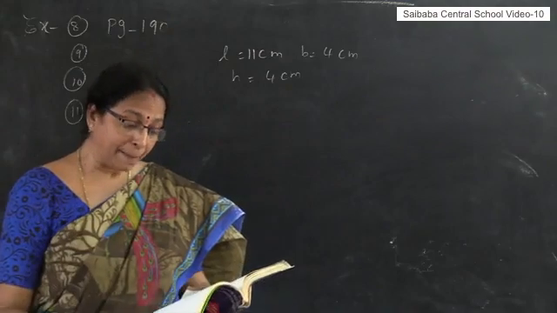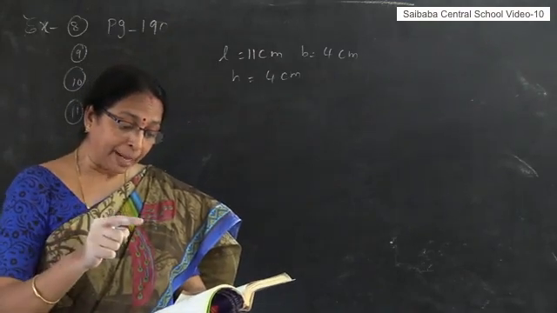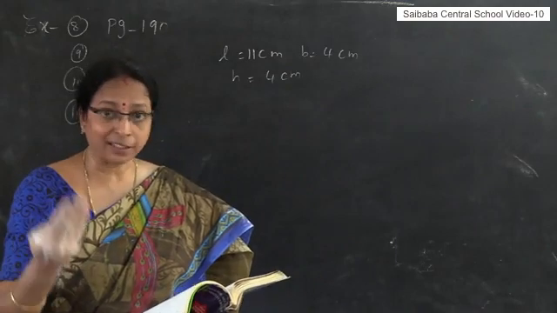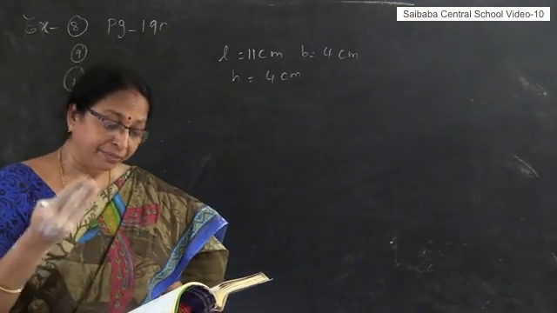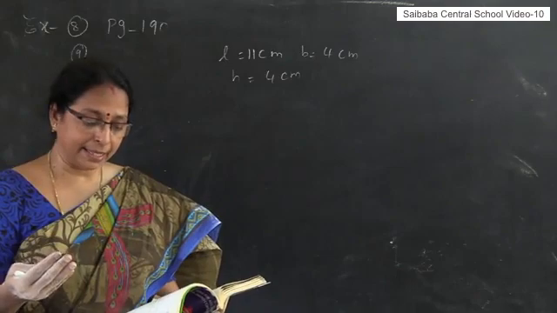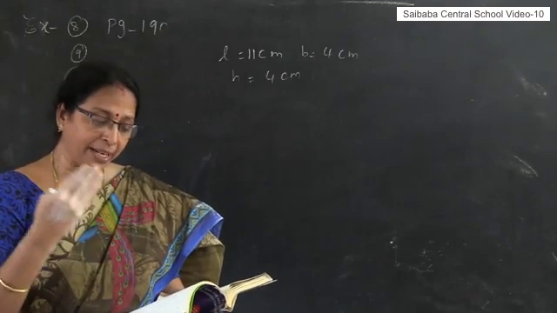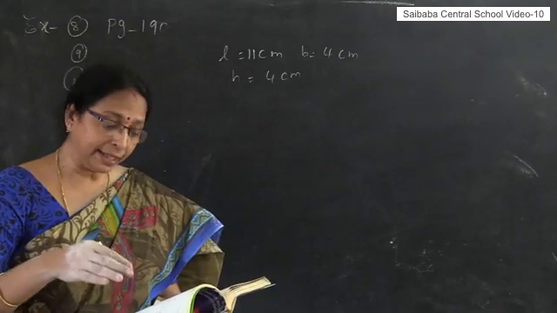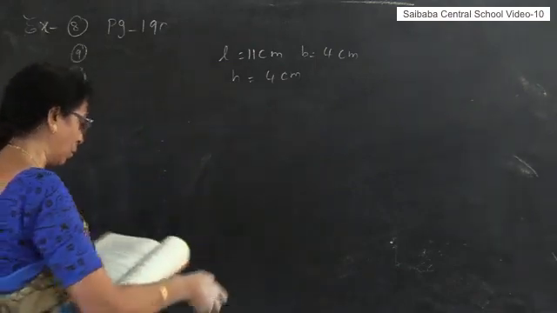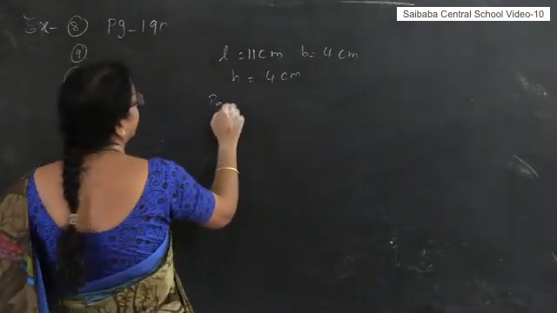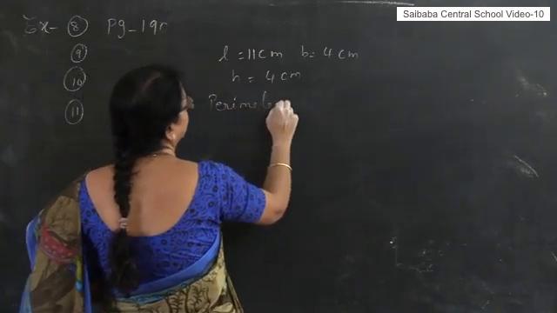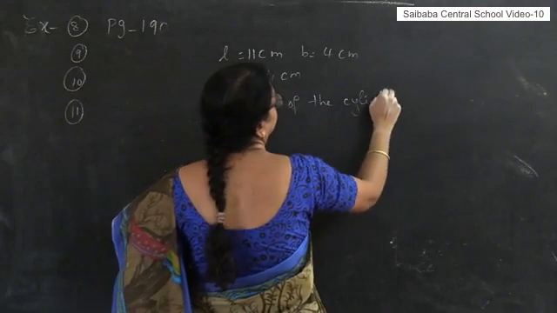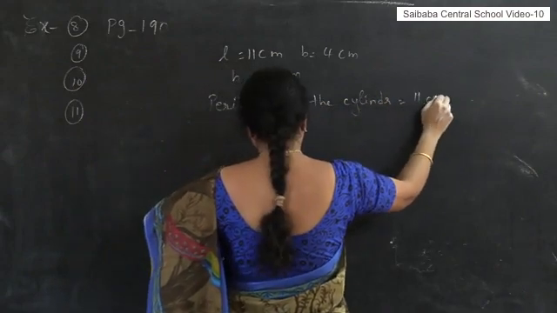So here remember the point. The perimeter of the cylinder is 2 pi r. You know that perimeter of the cylinder, that is circumference of the circle, is 2 pi r. That is 11 centimeters, and it is overlapped to make a cylinder, and the height is 4 centimeter. So here perimeter of the cylinder is equal to 11 centimeters.